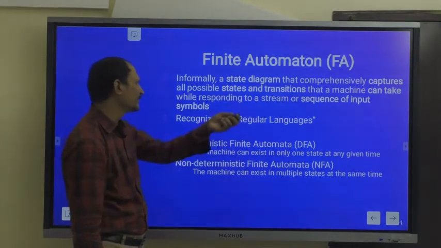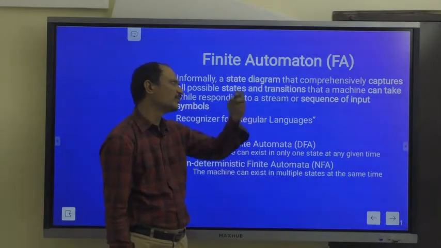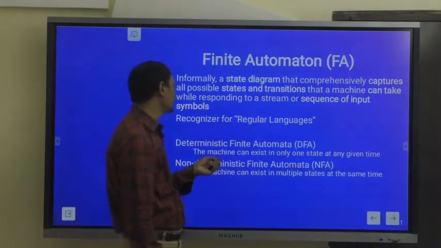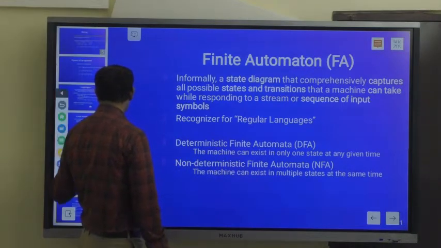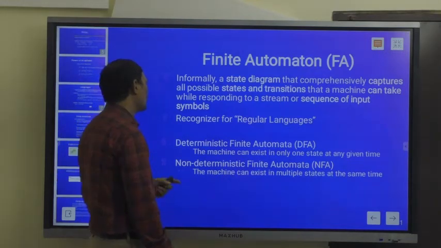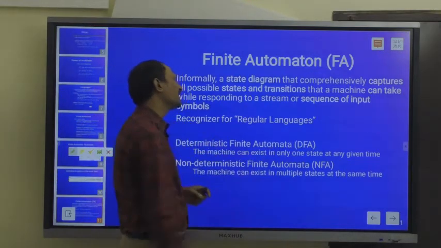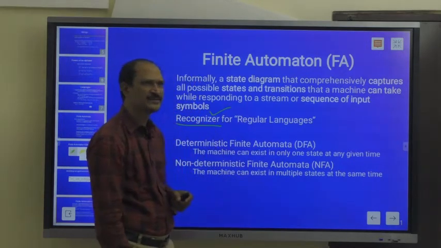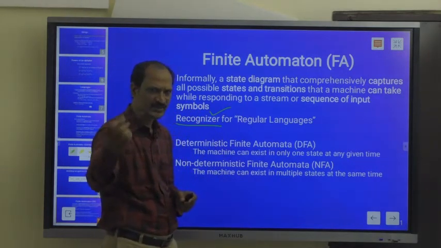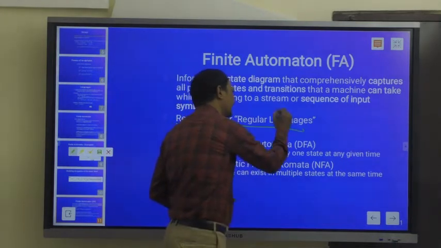And that is what a machine can take while responding to a stream or sequence of input symbols. We can use this finite automata as a recognizer. That's what is called the word "then". "Then" is the word that we have recognized as a regular language.